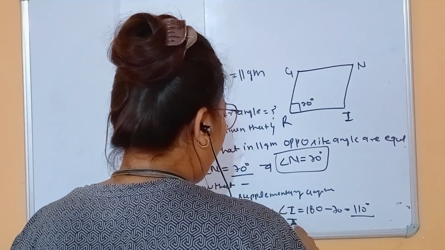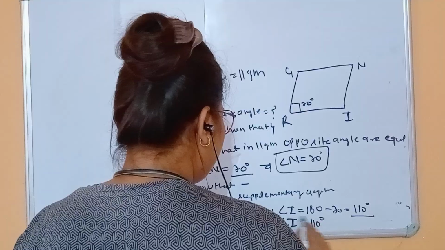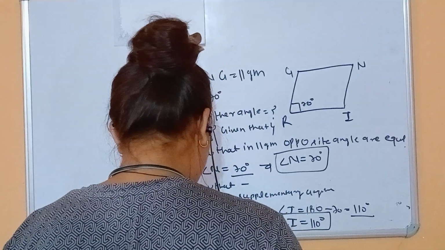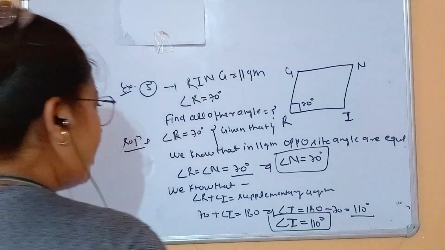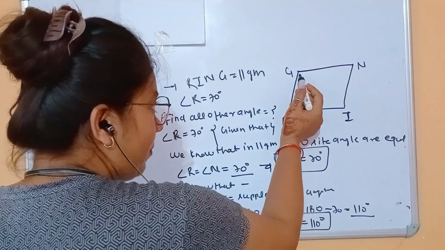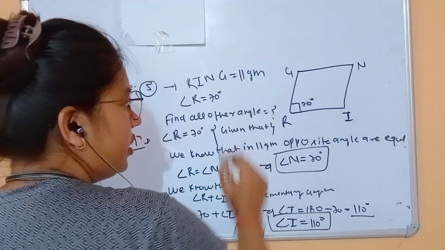So angle I is equal to 110 degrees. Now angle G can be found by supplementary angles, or by opposite angles.